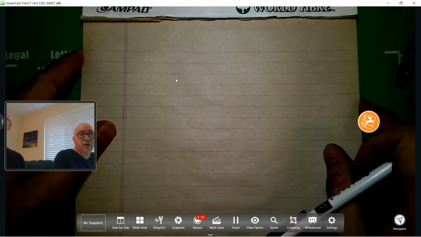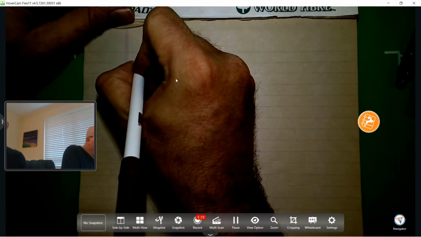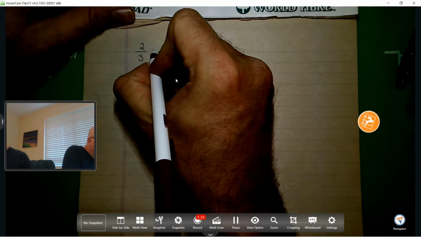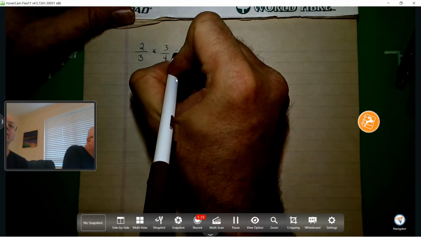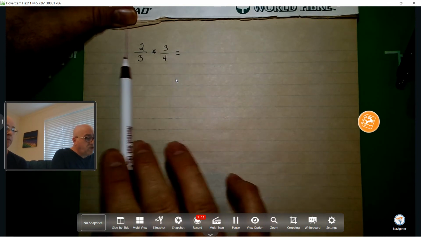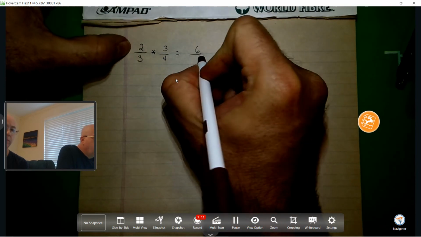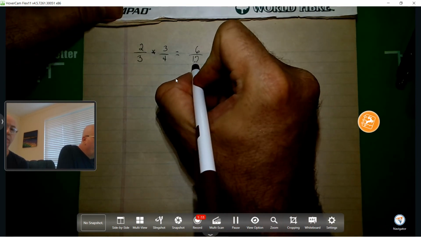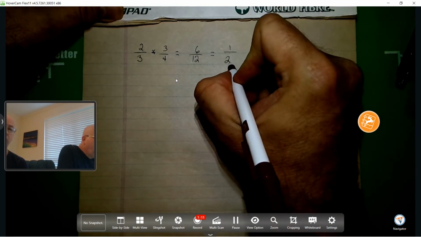Okay. If we have something like 2/3 times 3/4, one way you can multiply these fractions is to just multiply straight across: 2 times 3, 3 times 4, and then reduce that answer. 6/12 would be 1/2.